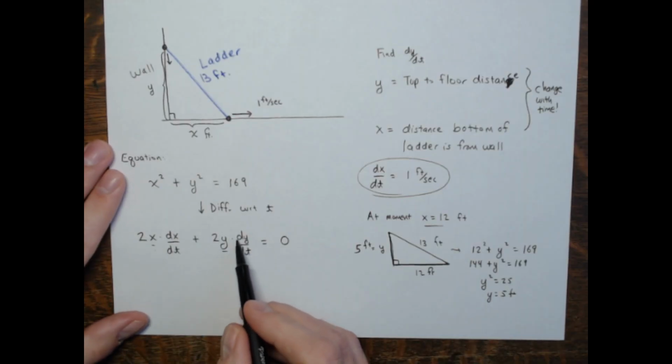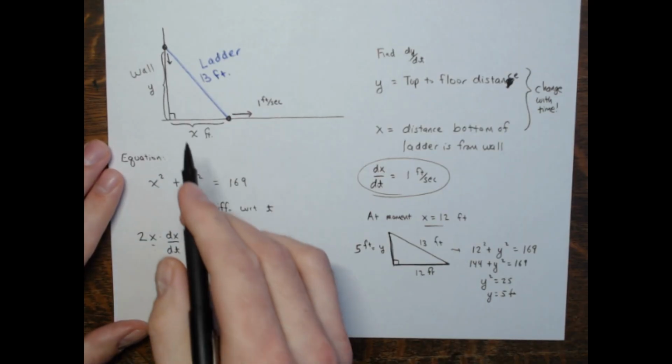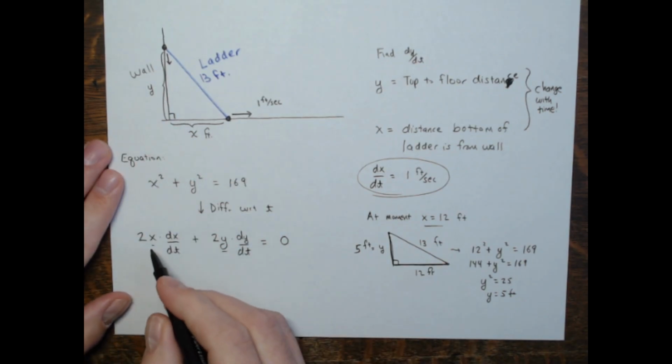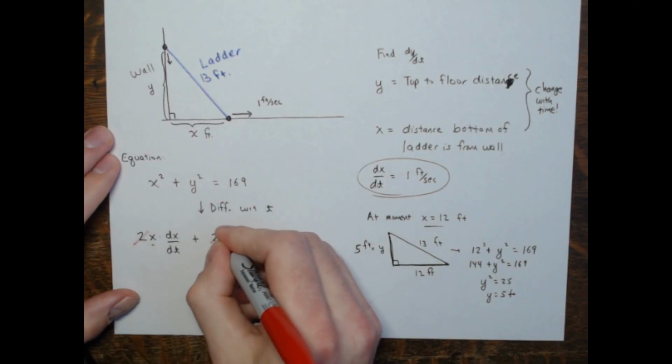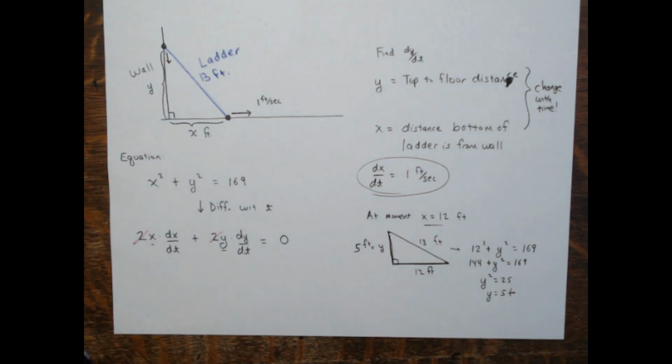And then we can find y prime, how fast the top of the ladder is moving toward the floor. Now the 2's won't matter. I can divide by 2, get rid of the 2's, right? Divide both sides by 2.